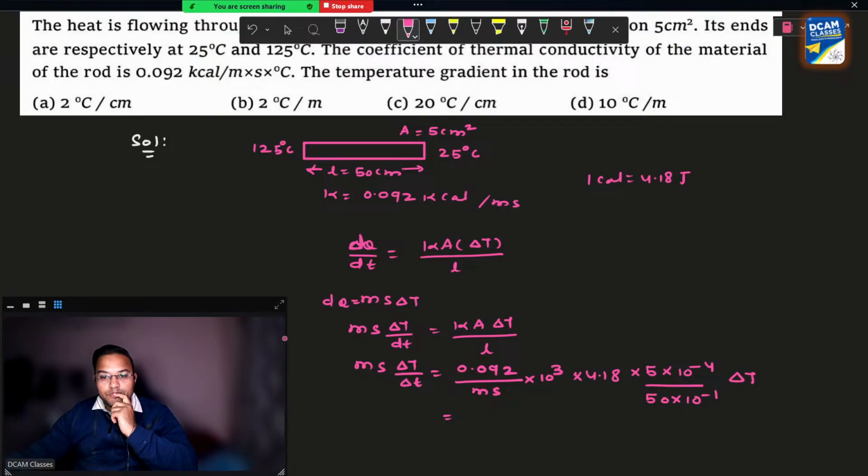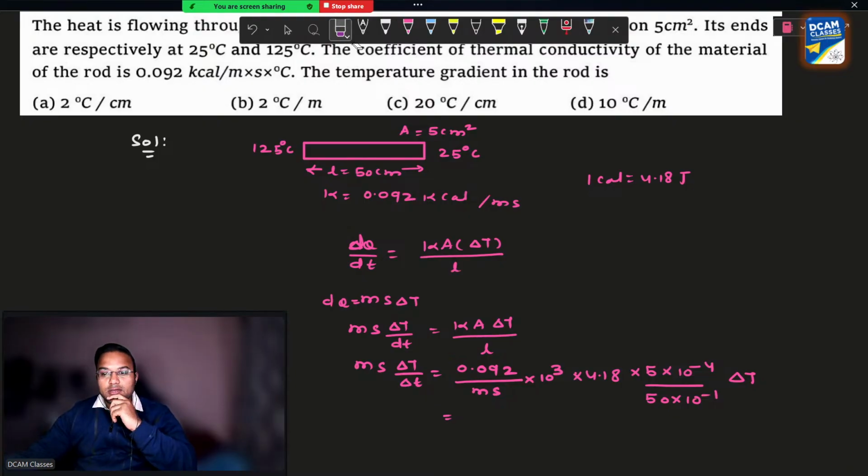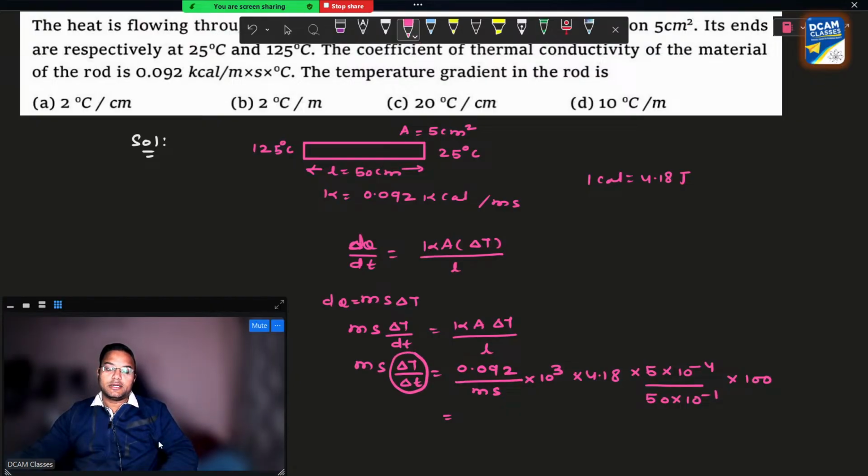Delta T. Temperature difference is given, 125 and 25. It's 100. This is temperature gradient.